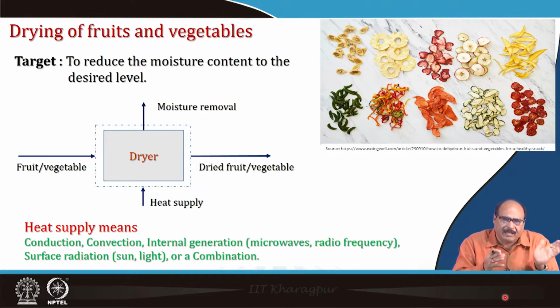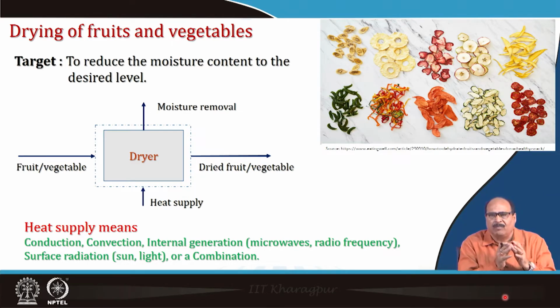Obviously, in the earlier classes, when we were discussing the preservation principles, we discussed preservation of food by addition of heat or removal of moisture, and there drying and dehydration is mainly to reduce the moisture content of the material to the desired level.